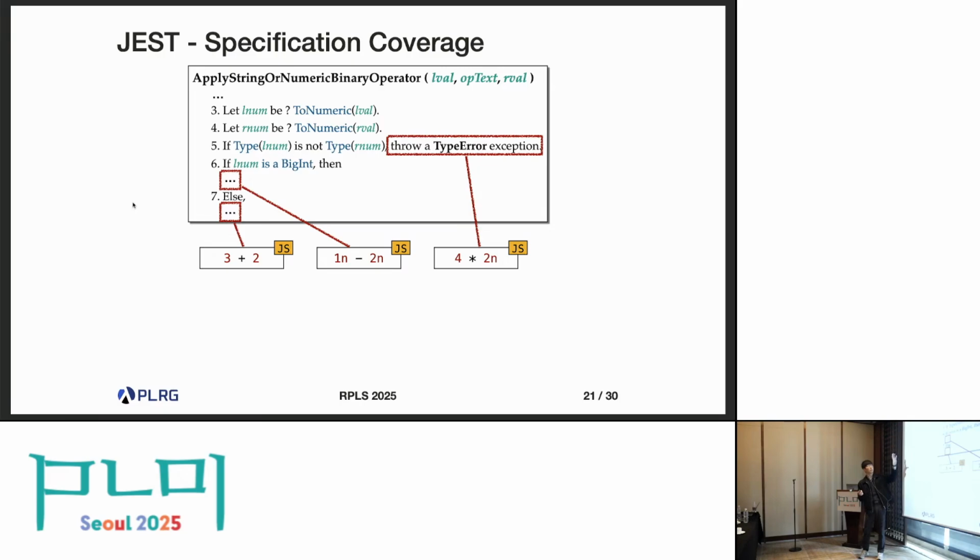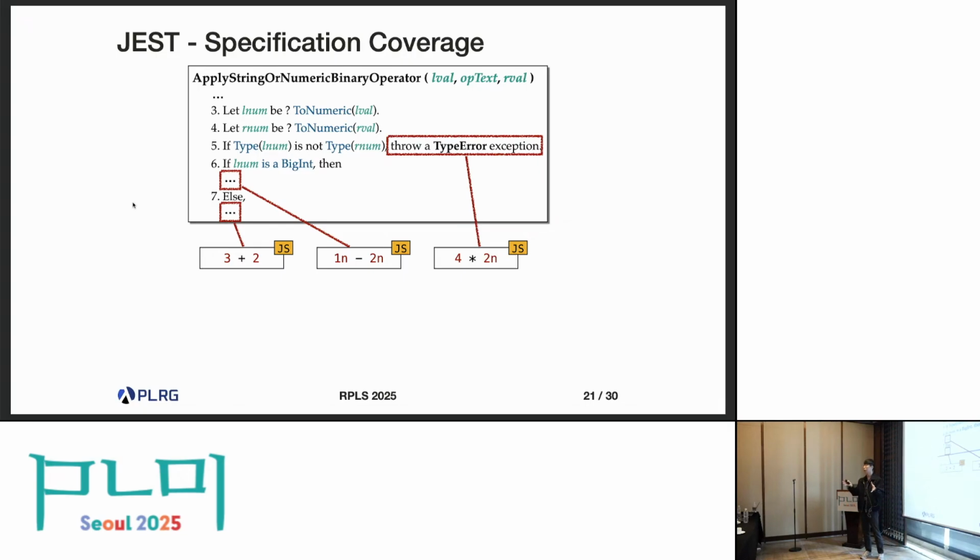Because this is a single algorithm with different edge cases, but multiple different language features may sometimes share the same algorithm as a helper function. For example, for language features addition, subtraction, and multiplication, their semantics are defined with this same algorithm. So it is not enough.